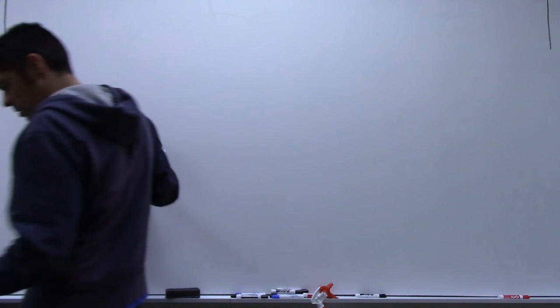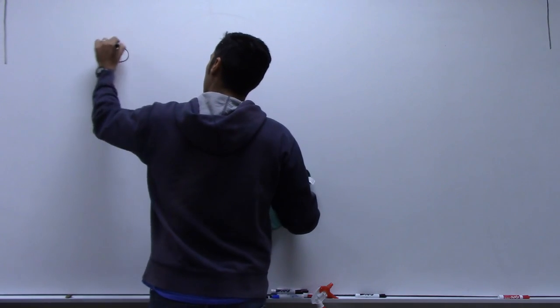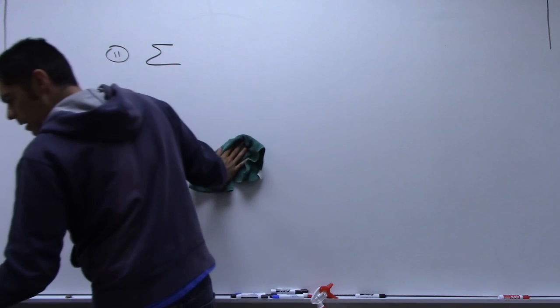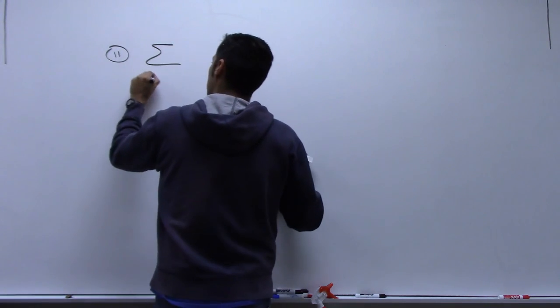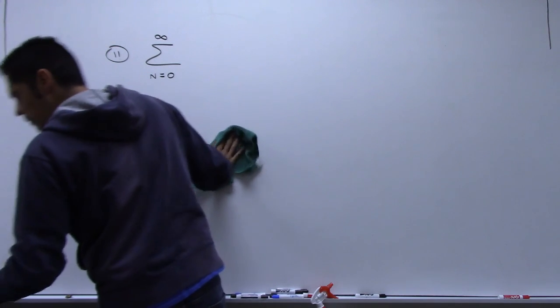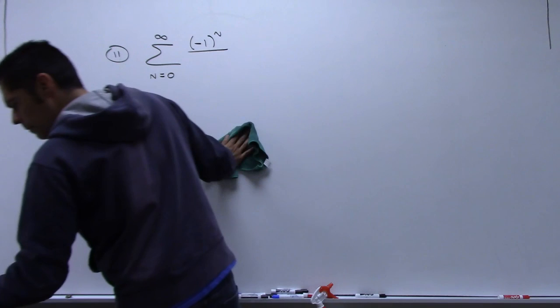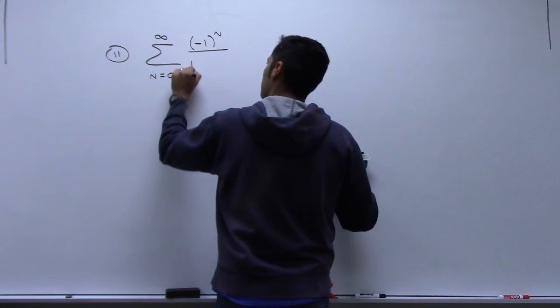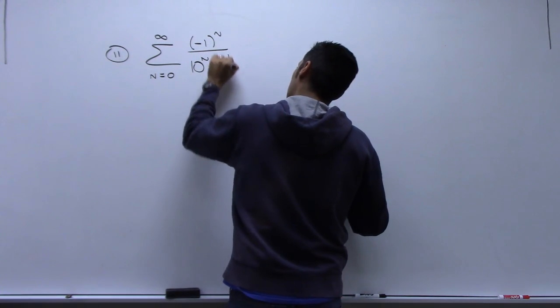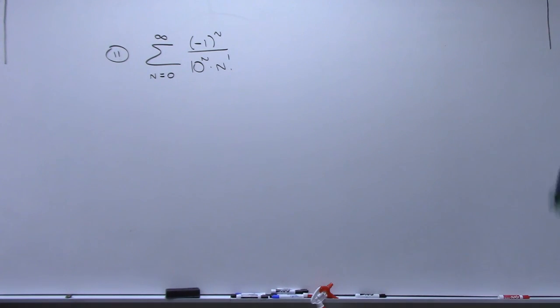All right, let's look at the next one. 11. Sum n equals 0 to infinity of -1 to the n over 10 to the n times n factorial. I'm definitely using the ratio test here.